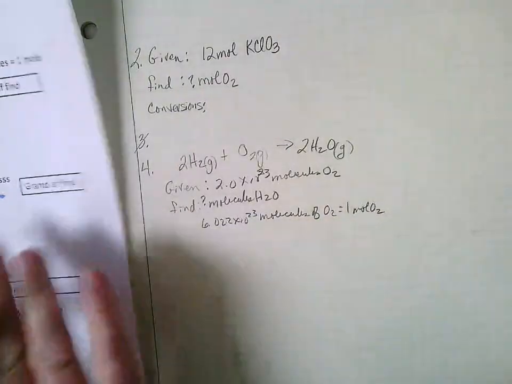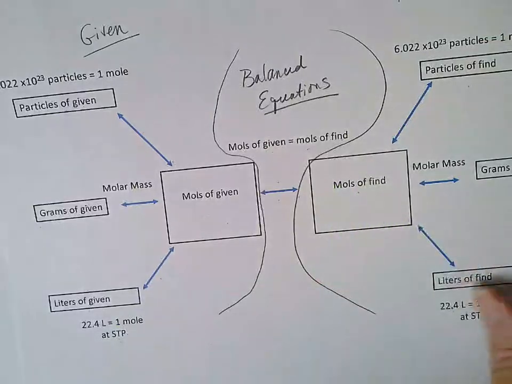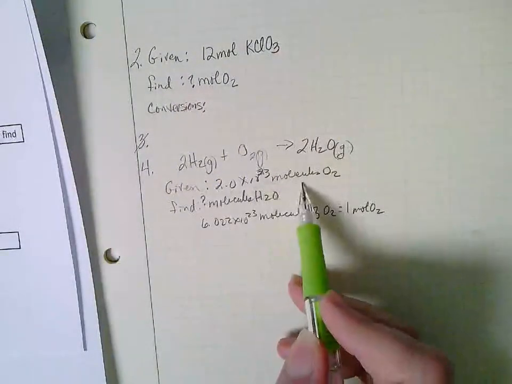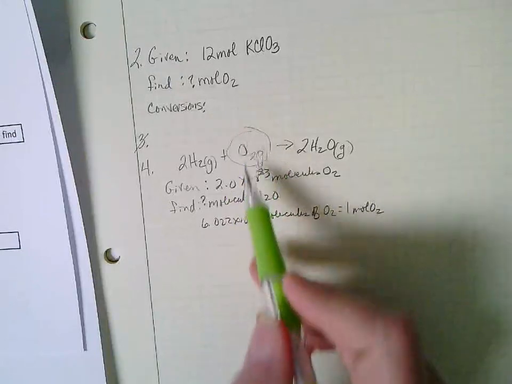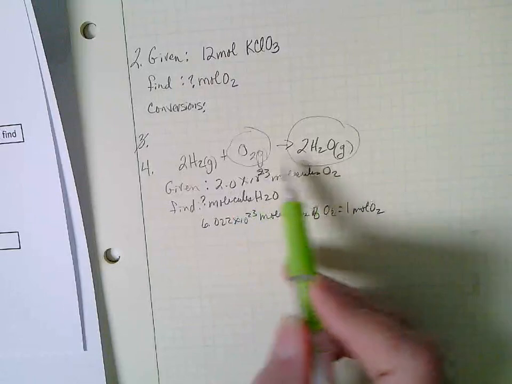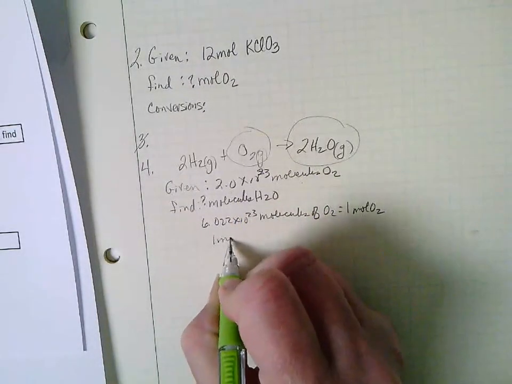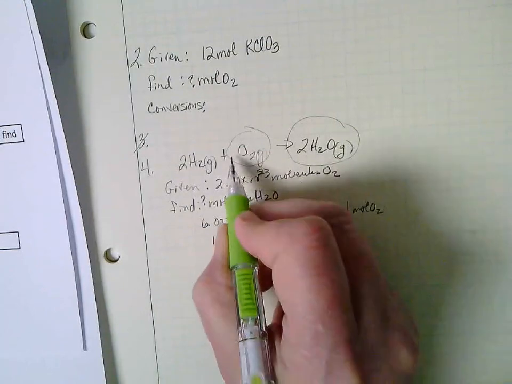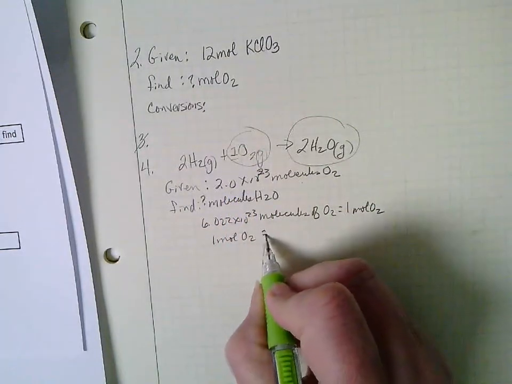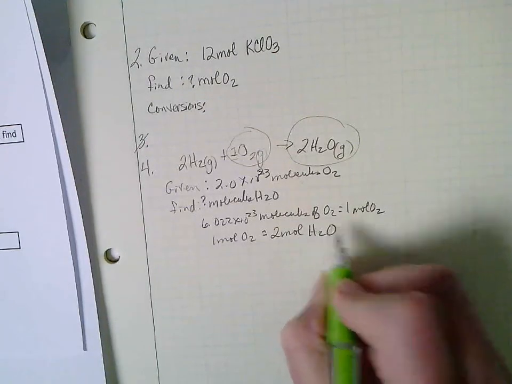The middle one is going to be for my balanced equation. I am given O2, and I want to go to H2O. So I need to have a mole ratio for these two. So 1 mole of O2, because even though it's not written there, there is a 1, is equal to 2 moles H2O.